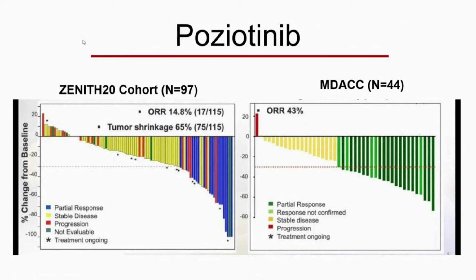This was a single institution study done at MD Anderson, and you can see it showed a 43% response rate. Unfortunately, in a larger study, ZENITH20, the waterfall plot being on the left, the response rate came down, I would say, pretty significantly, to about 15% of patients responding.